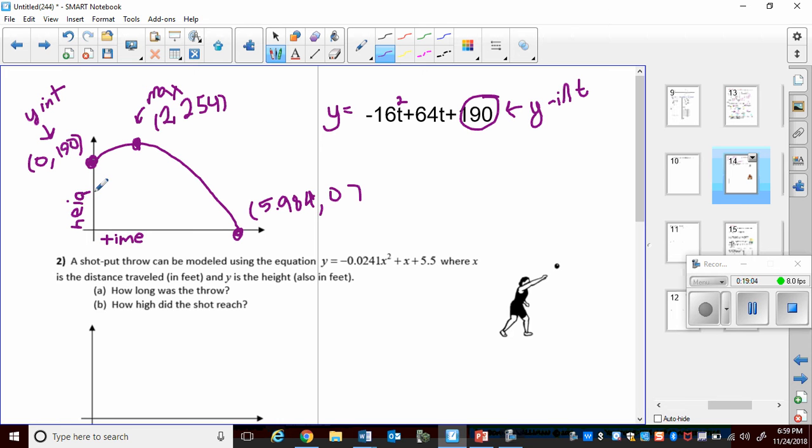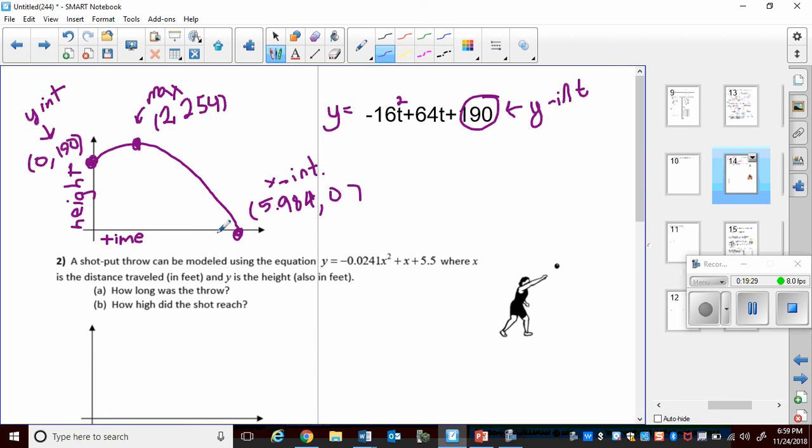I'm just labeling my axes, which I hope that you do as well, along with my y-intercept, my maximum, and my x-intercept. Make sure you do the same thing. Then we're going to go back and do number 2.